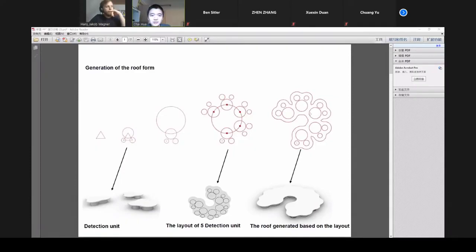Could you move to your renders? Move to render.